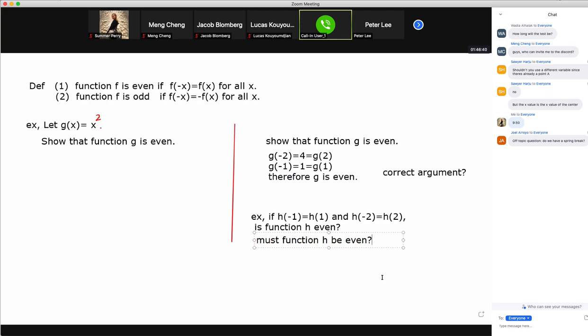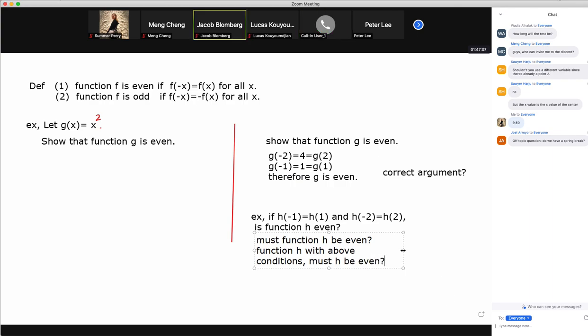Of course, h can be even, but is h always even? That's the question. In other words, for function h with the above conditions, must h be even? Yes.